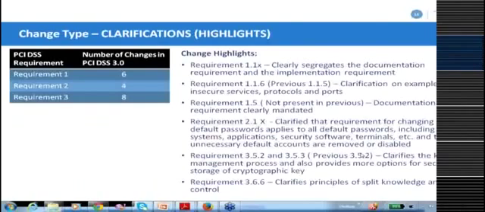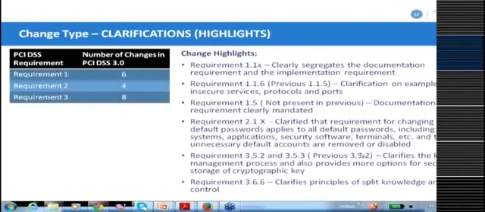Then looking at the requirement 1.1.6, previously in version 2.0, this was 1.1.5. There is more clarification brought into the new version in terms of listing down the examples of insecure services, protocols, and ports.